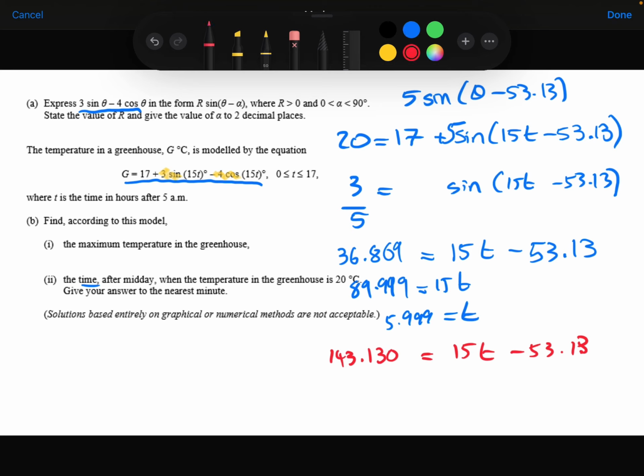Now that 5.999 hours after 11 AM, well, that will take me to just before 11 o'clock, which, considering we want the time after midday, we don't want that answer.